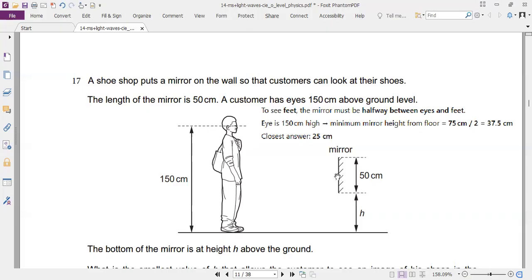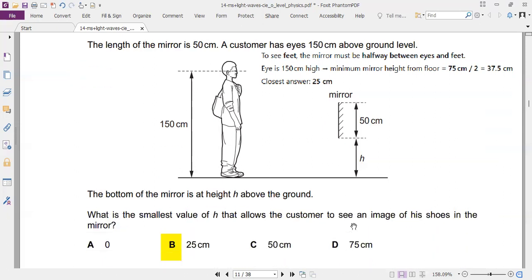Okay, so if half here is 75, that means this is the half of the mirror. So the bottom half of the mirror becomes 25. Upper half 25, bottom half 25. So if the bottom half is 25, that means the height above the ground should also be 25.